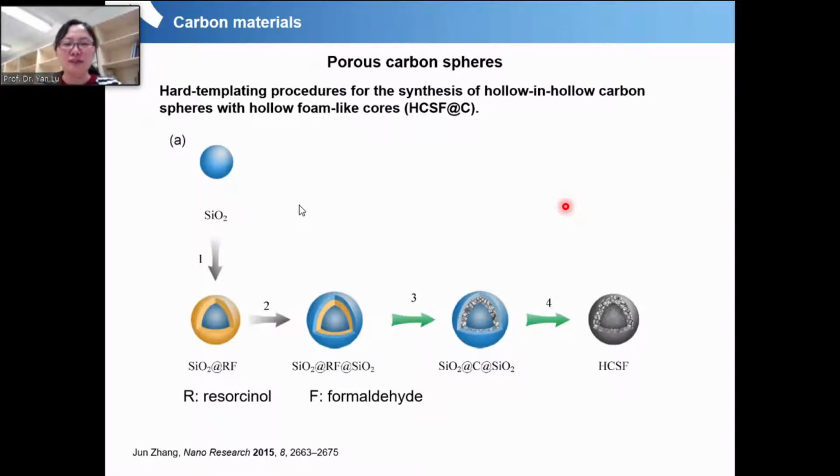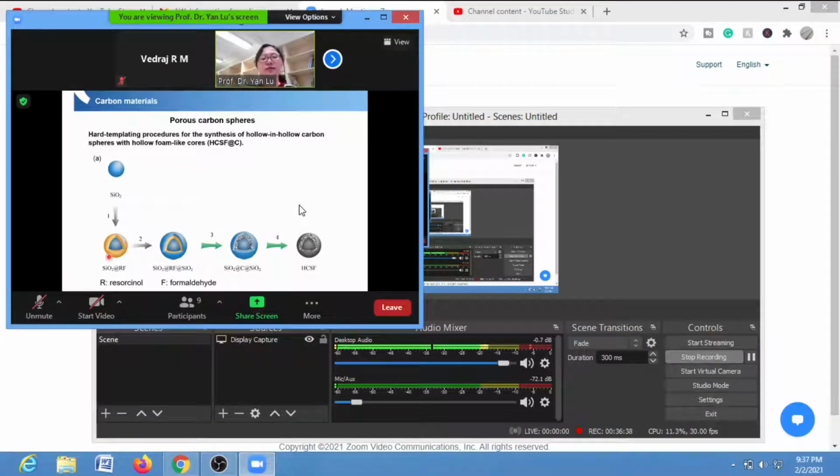So we can look into the procedure, how they did this. They used silica nanoparticles as a hard template and coated them with RF. RF is a resin from resorcinol and formaldehyde. This is a typical carbon precursor you can use, with a very good yield for carbonization.